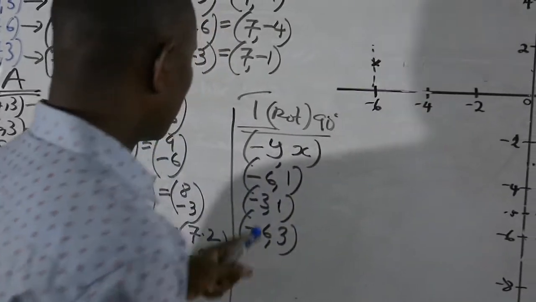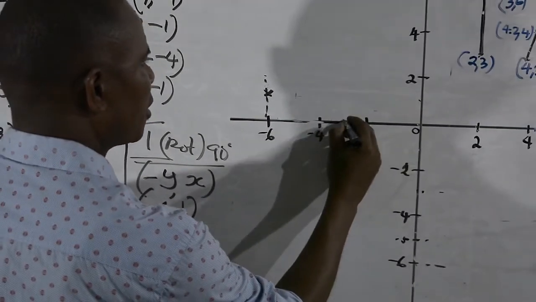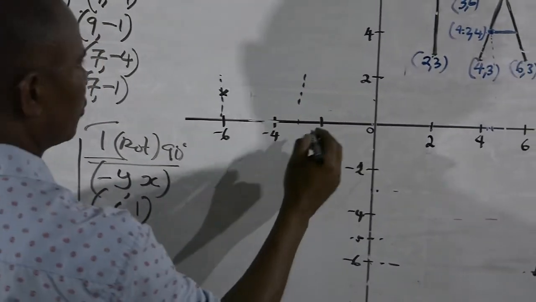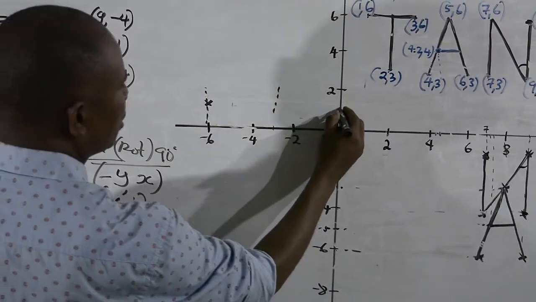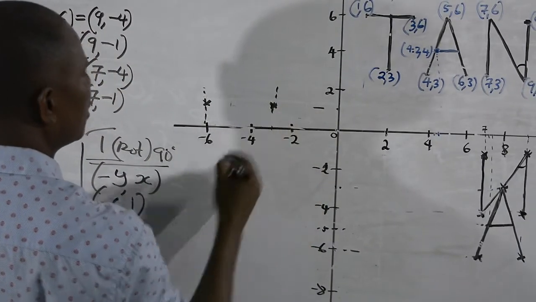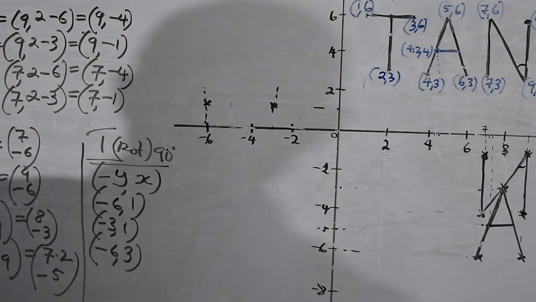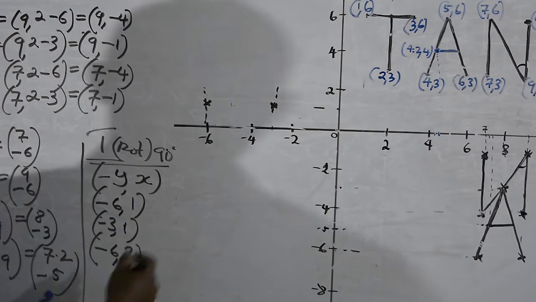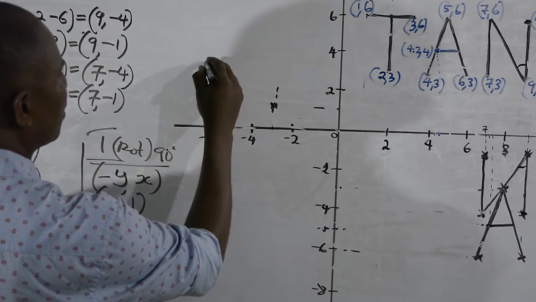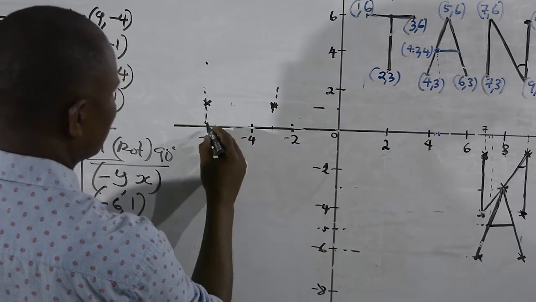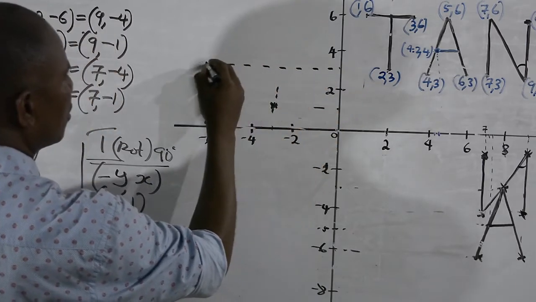And (-3, 1), we get this 1 here, minus 3 somewhere there. And you have the next one here. It's (-6, 3). So it goes to (-6, 3).